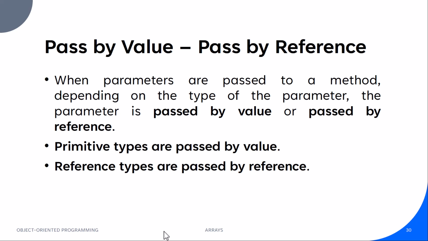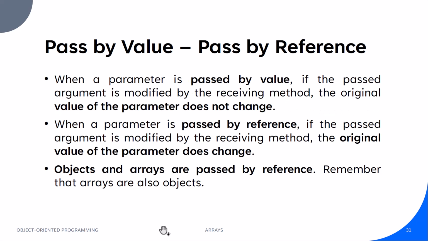When parameters are passed to a method, depending on the type of the parameter, it is passed by value or passed by reference. Primitive types are passed by value and reference types are passed by reference, and this is common to many programming languages. When a parameter is passed by value, if the passed argument is modified by the receiving method, the original value of the parameter does not change.